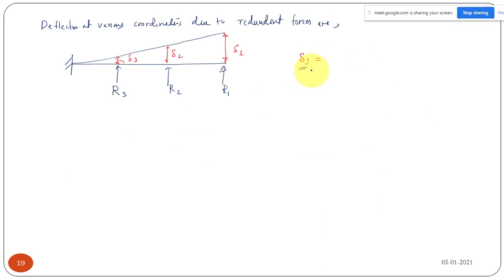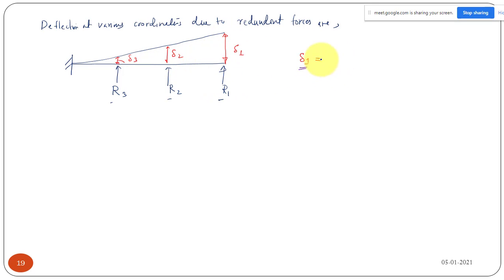So this is the basic determinant structure. We have removed all the external load and we are applying the redundant forces R1, R2, R3 as an external load. So due to that, what is the value of deflection at our coordinate locations delta 1, delta 2?